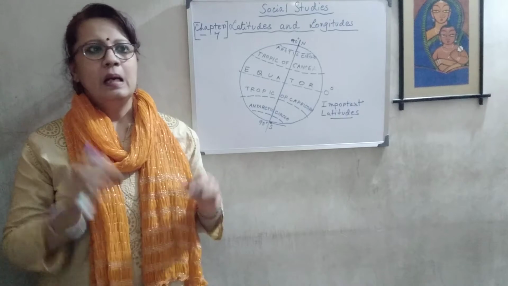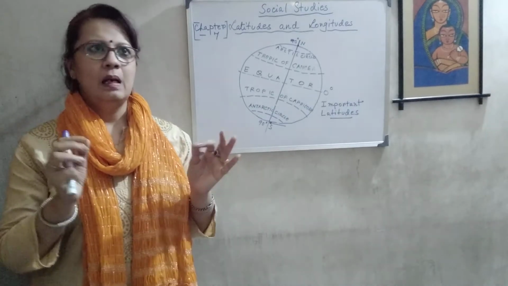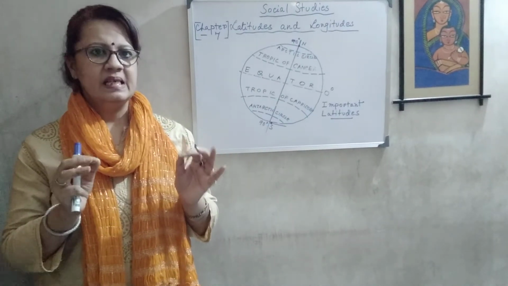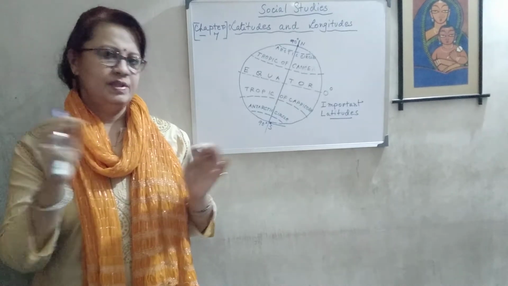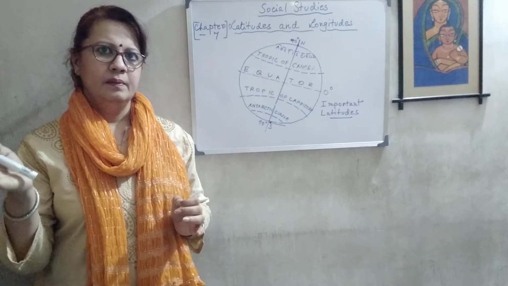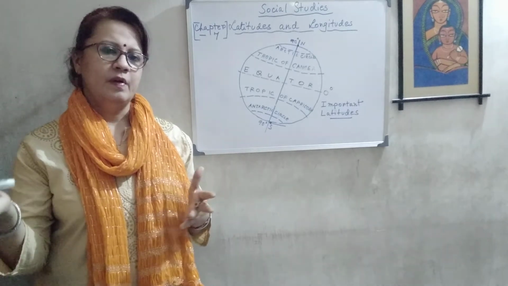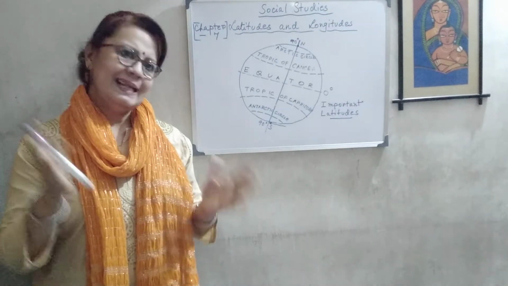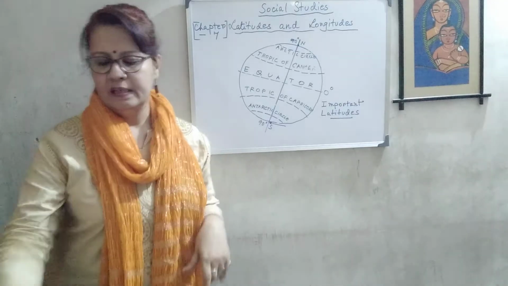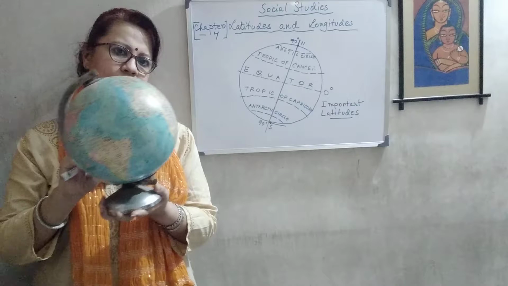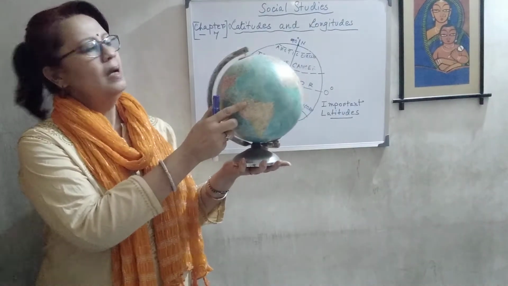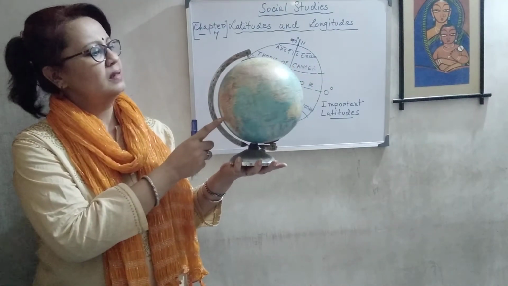And we all know that a globe shows our earth as we see it from the atmosphere, from space. A globe is a miniature form of earth.